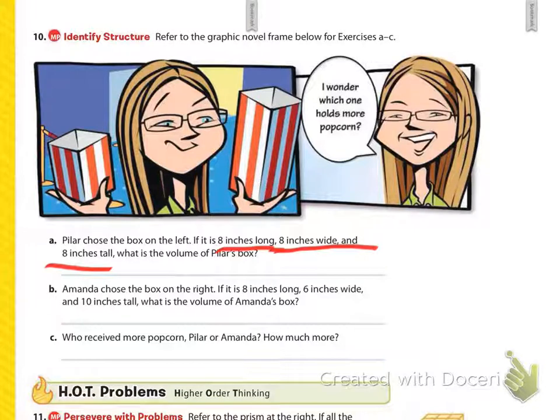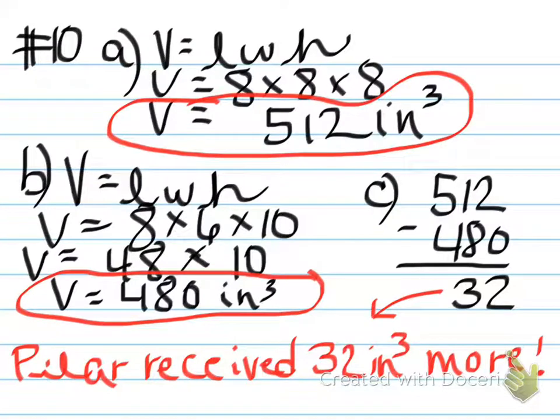And we're going to find the volume for A. Also for B, Amanda chose the taller box that's on the right, which is 8 inches long, 6 inches wide, and 10 inches tall. Since they've given us all 3 measurements, this is easy to substitute into our formula. So I'm going to move to the next page with the lined paper.